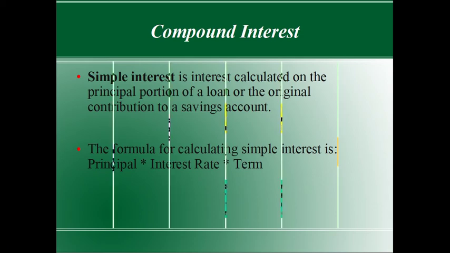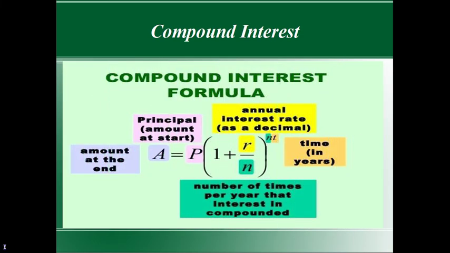Okay. And now this is the formula for calculating compound interest. It's A, the amount, equal to the principal times 1 plus the rate divided by n, raised to the power of nt.